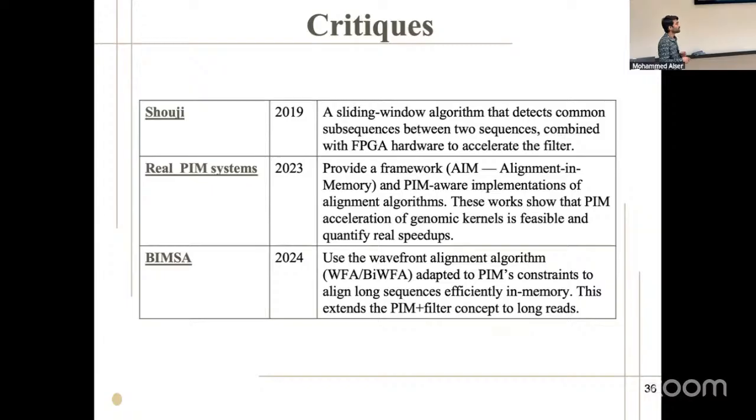They have shown that this is practical, but GRIM filter was evaluated in a simulator called Ramulator. It was not directly implemented in any hardware. And finally, BIMSA, published in 2024, shows the processing-in-memory technique for long reads also. In GRIM filter, they have shown it for short reads, but BIMSA performed this for long reads and also with processing-in-memory hardware technology. They have shown both of the things.